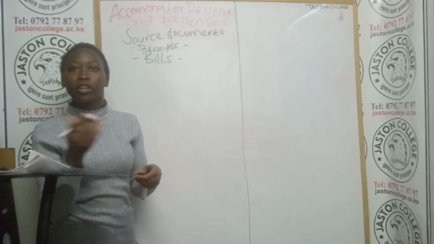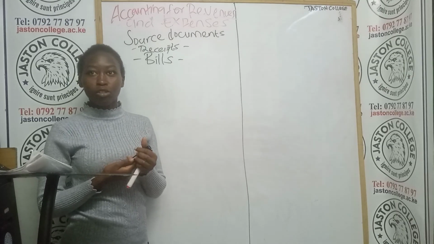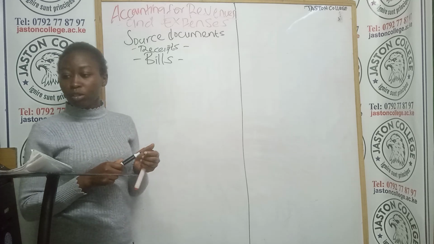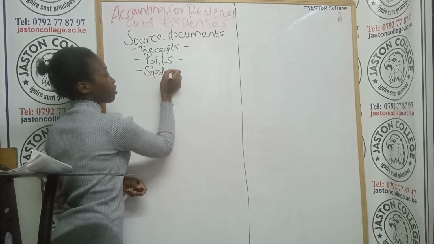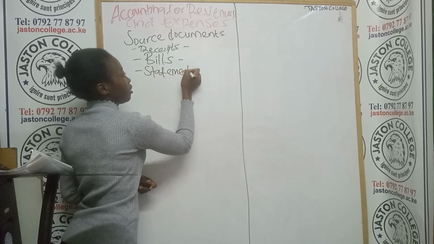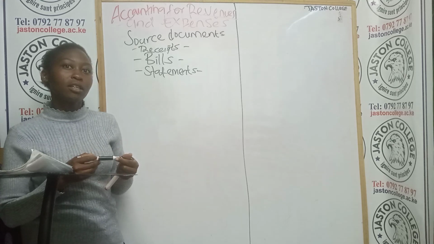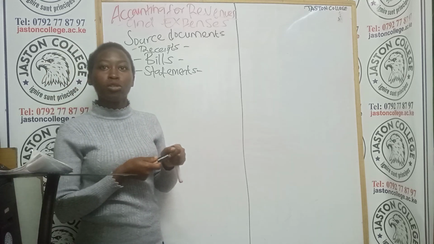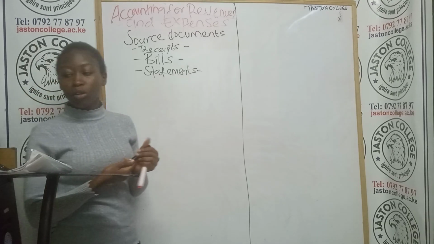So we have bills of exchange, where we get them when making our transactions. Then we also have the statements. Statements are also the source documents. So here we have the bank statement or the bank reconciliation statement. It is one of our source documents. We also have checks.